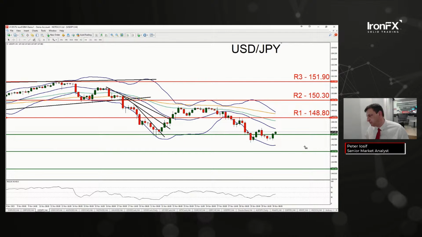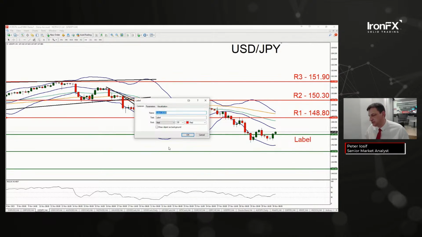Moving now to the first support line, being placed at 147.35.